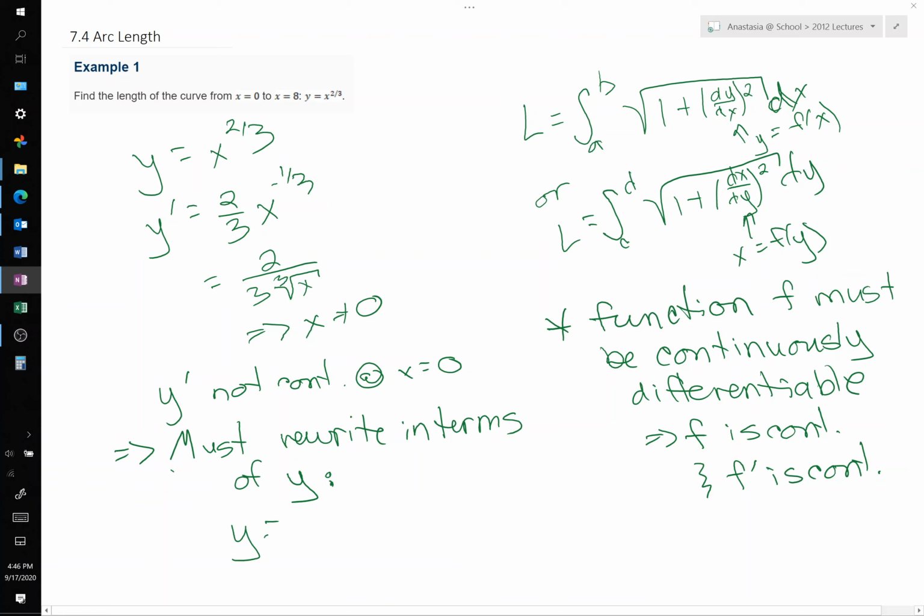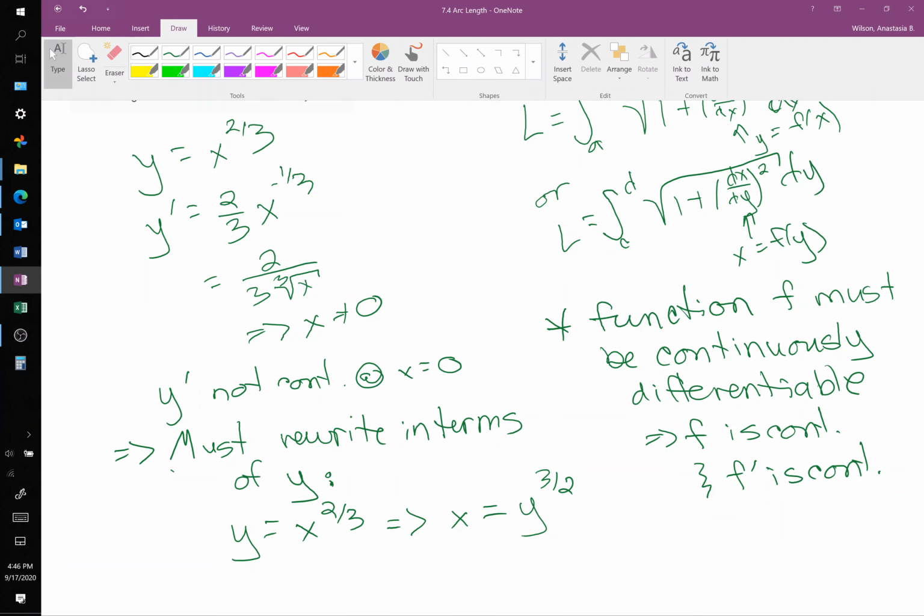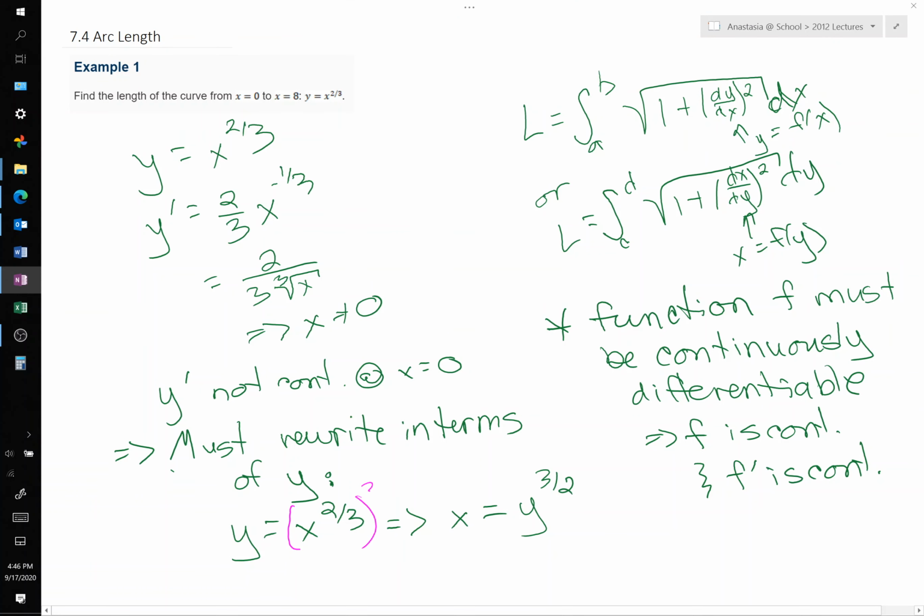So we have y equals x to the 2/3. This is going to give us x equaling y to the 3/2. If you raise both sides to the 3/2 power, you will get that power to cancel out there. So we get x equals y to the 3/2.